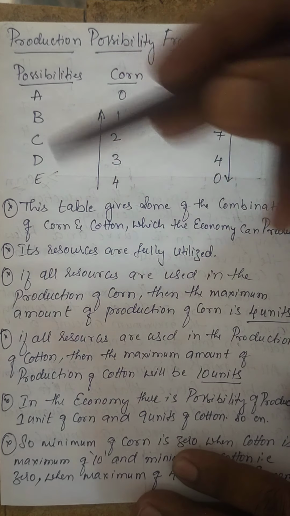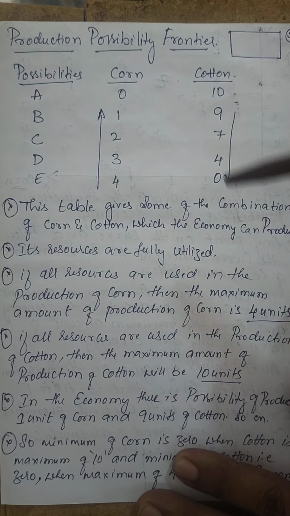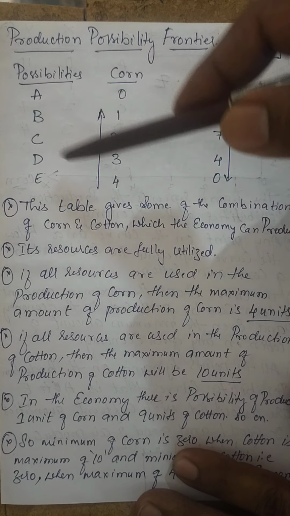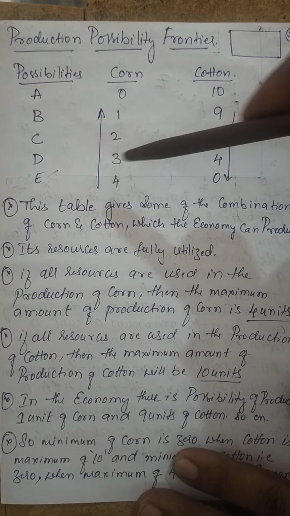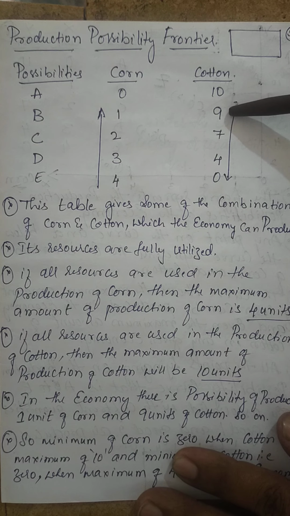In the second possibility, or the second combination, which is B, the farmer is ready to grow, after 1 month, or after 2 or 3 months, 1 unit of corn and 9 units of cotton.